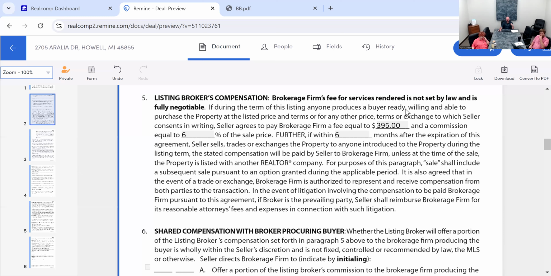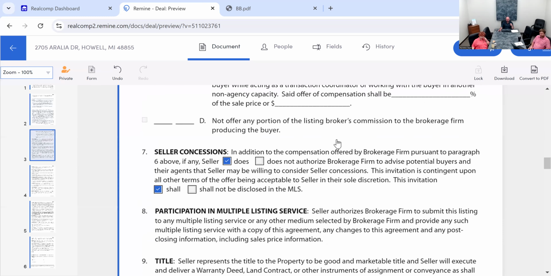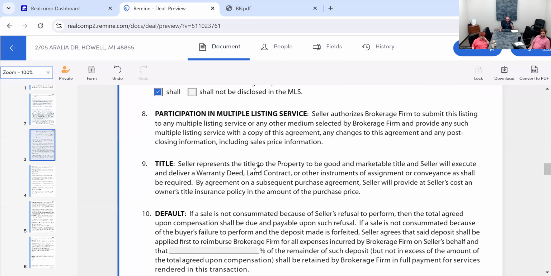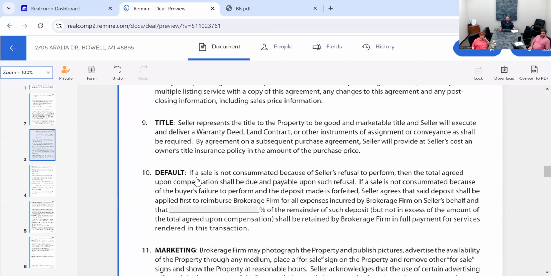They're not a ready, willing, and able seller if their title is not clear. And so anybody who knows their title is not clear should not be signing a listing contract. All right. Questions on title section?